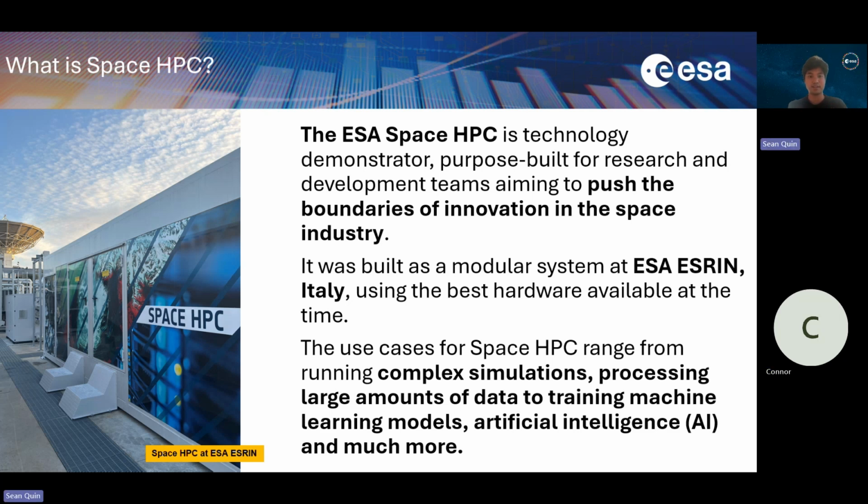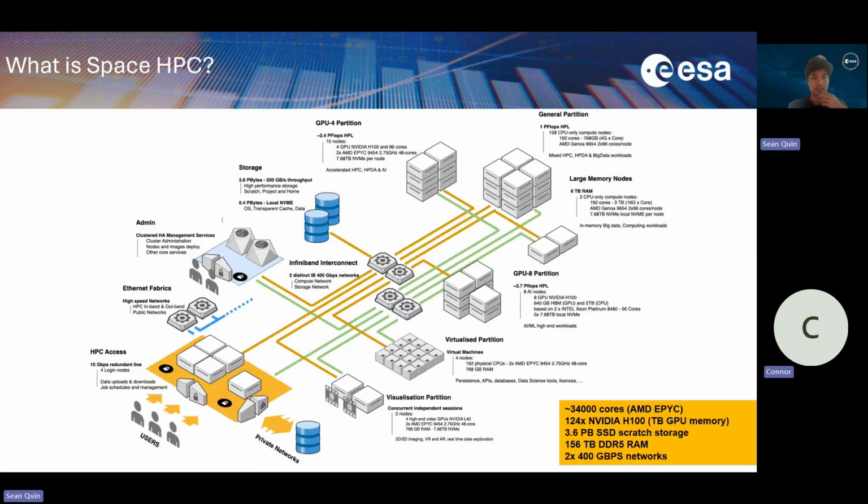In terms of use cases, the system's made and designed for varying things that the agency focuses on, from simulations to AI workloads, data processing for Earth observation, and more. What this looks like is essentially quite modular partitions that have CPUs and GPUs.